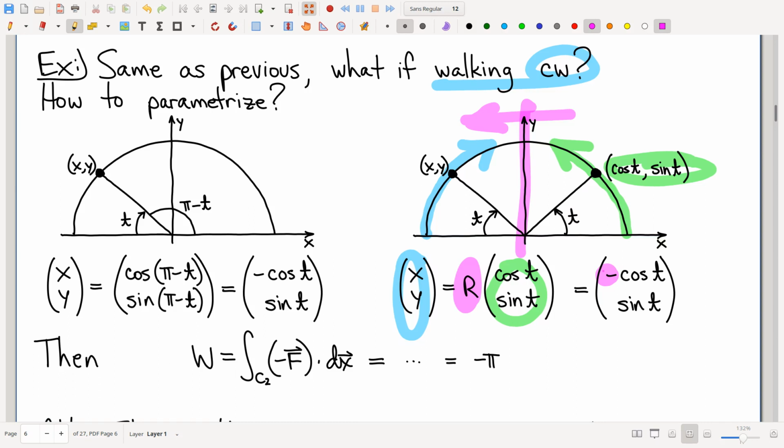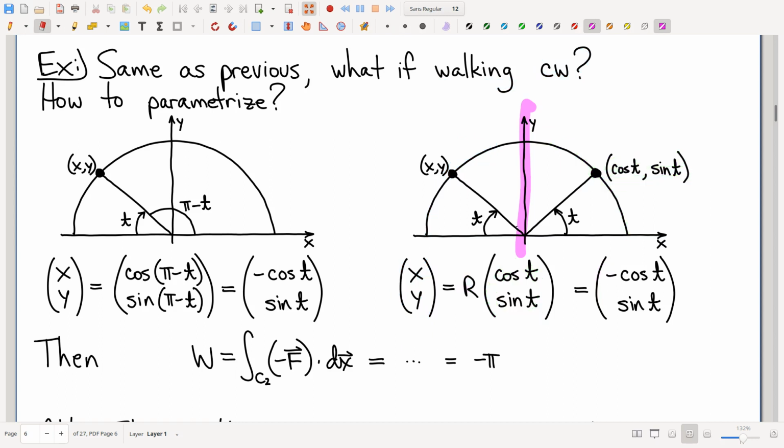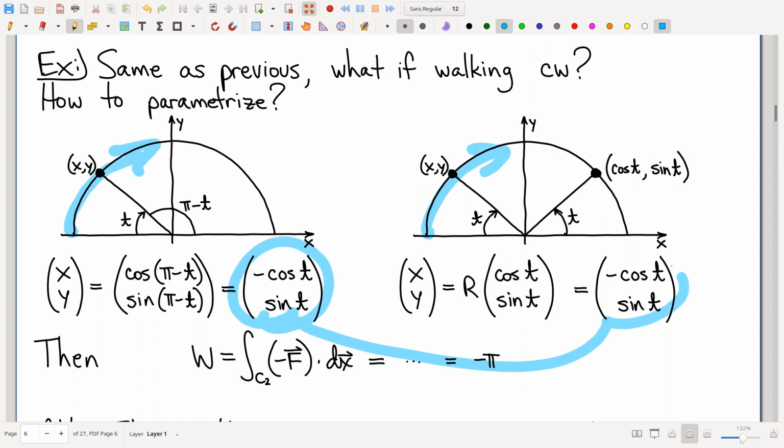All right, and so good news. Notice that the parameterizations that we got using these two different methods are in fact exactly the same. Not that they have to be, but it's kind of cool that they are. This is just two different ways to argue the same parameterization. And then, plug and chug and off you go. What do you think? Everybody good?